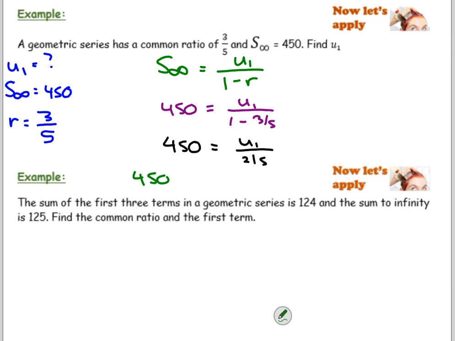So solve for u of 1 and then multiply by 2/5. It's okay if you want to use brackets and multiply instead. To do that non-calc, you could do 450 times 2 divided by 5. I personally find it easier: what's 450 divided by 5? 90, yep, and then double that: 180. So u of 1 equals 180.